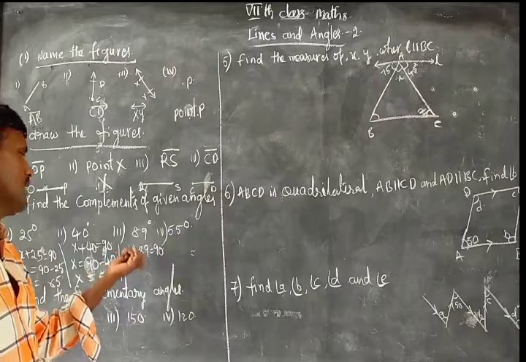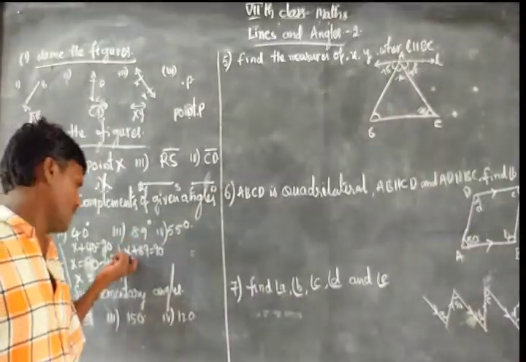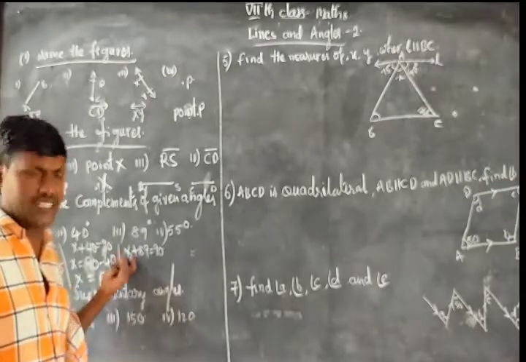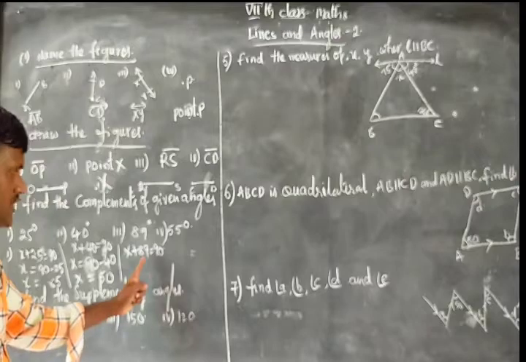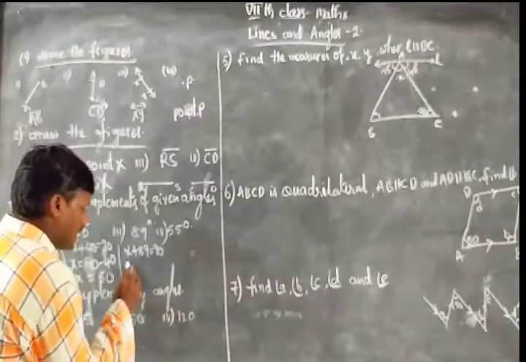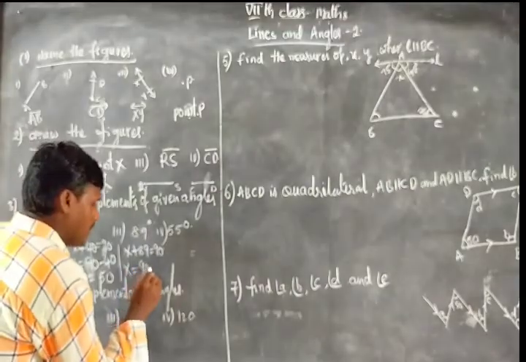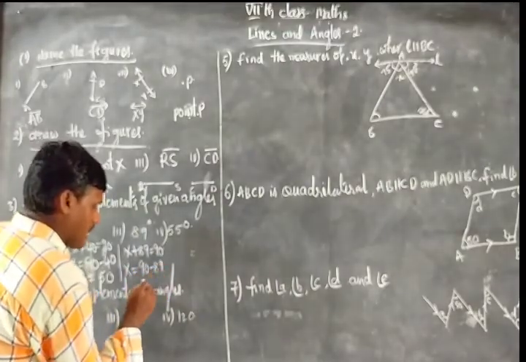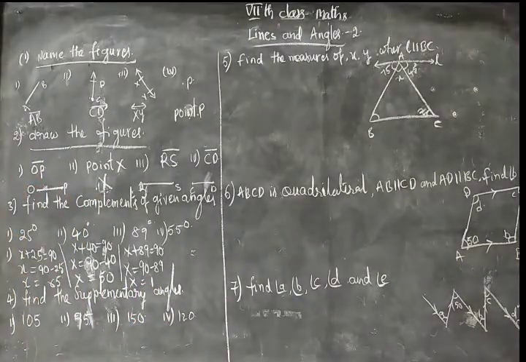So we compare: one angle is given, and we don't know the other angle, so we assumed the other angle to be x. The sum of these two angles is equal to 90. So x plus 89 equal to 90. Then transpose plus 89 to the right side and it becomes minus 89, which is equal to 1. So we got x is equal to 1.